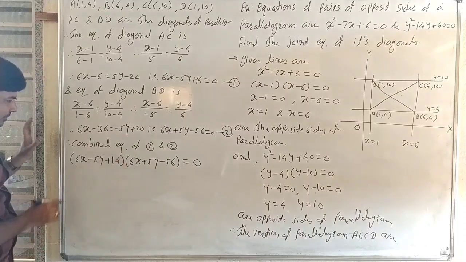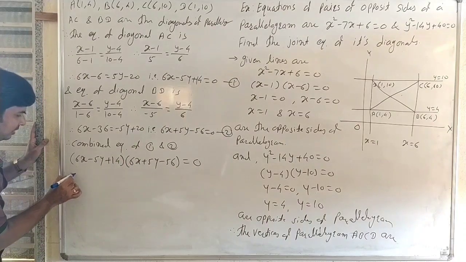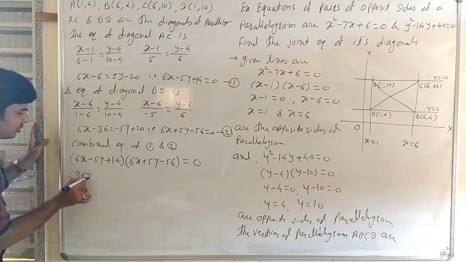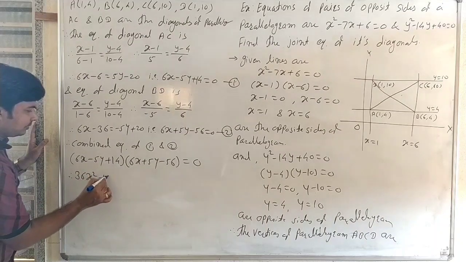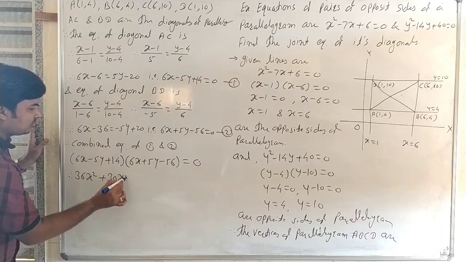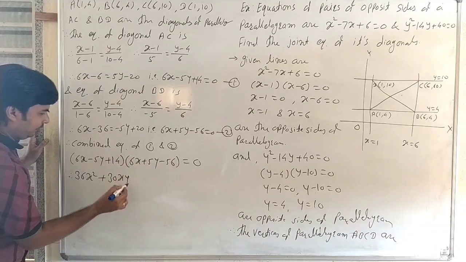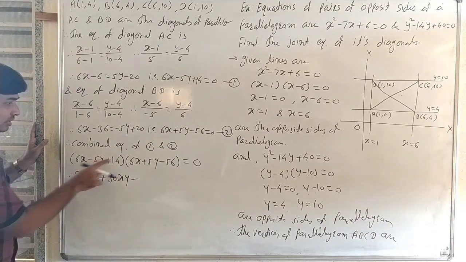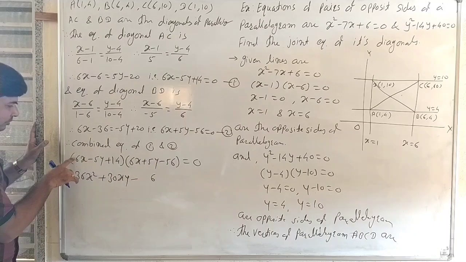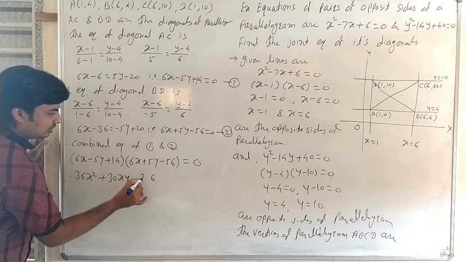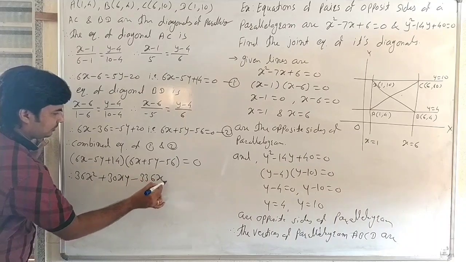Now take the calculation. Here 36x square plus 30xy minus 336x.